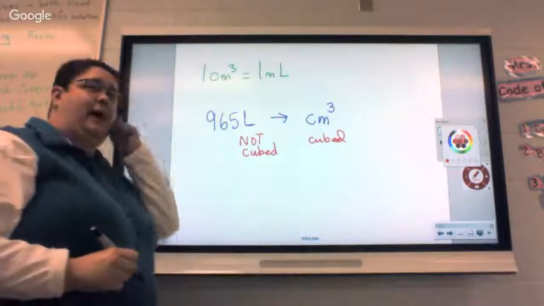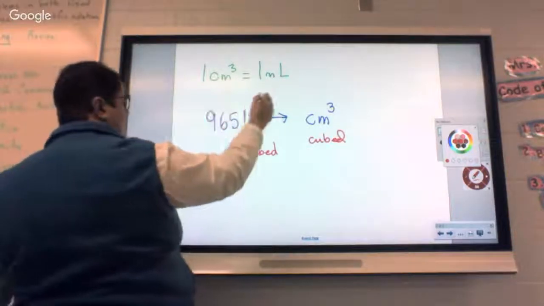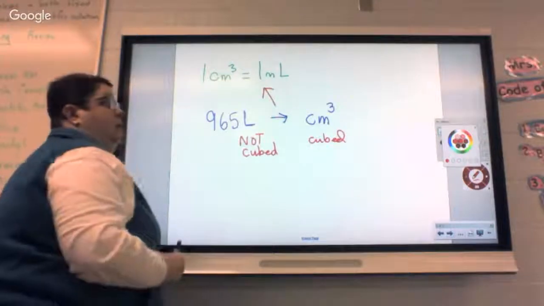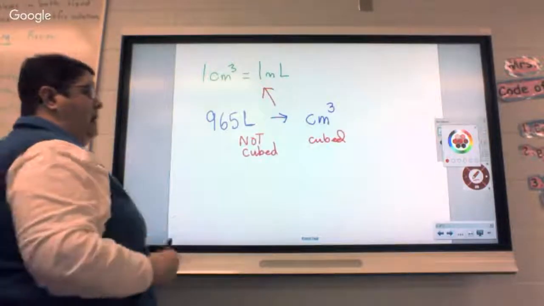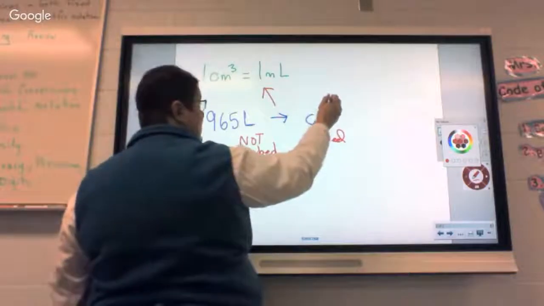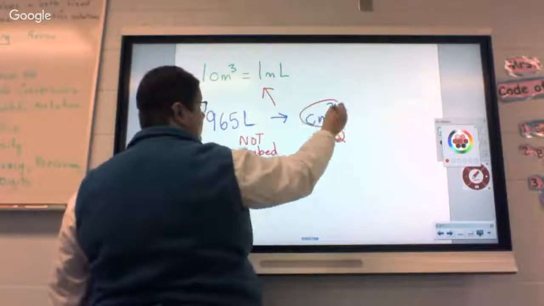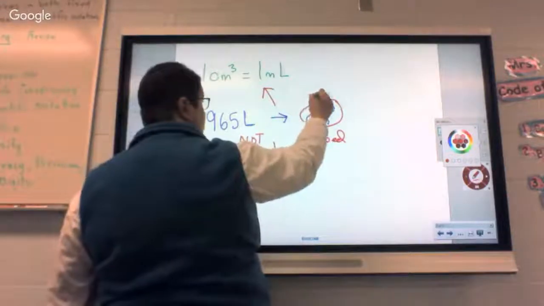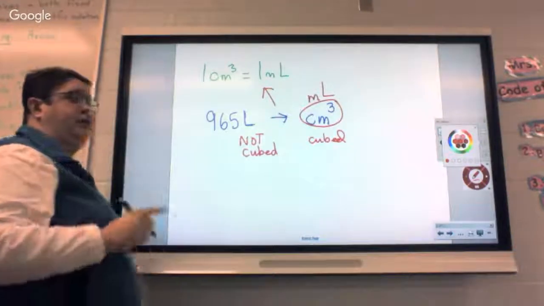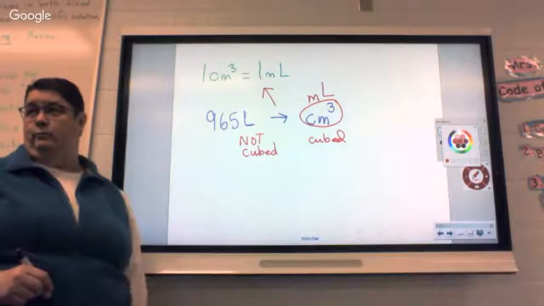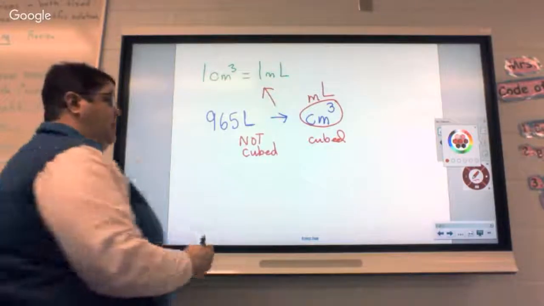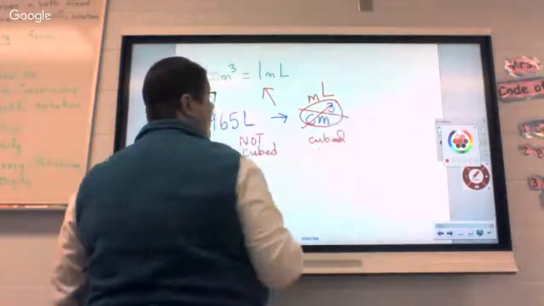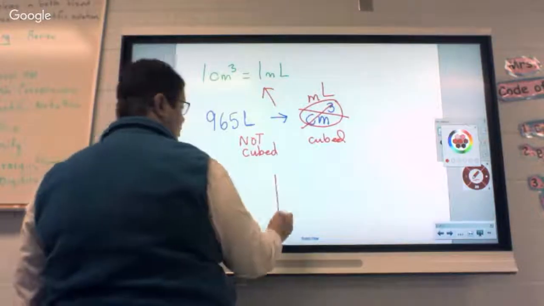Anytime that happens, I have to use this right here. The easiest way is to remember that this is the same thing as a milliliter. So all you're doing is changing liters to milliliters.